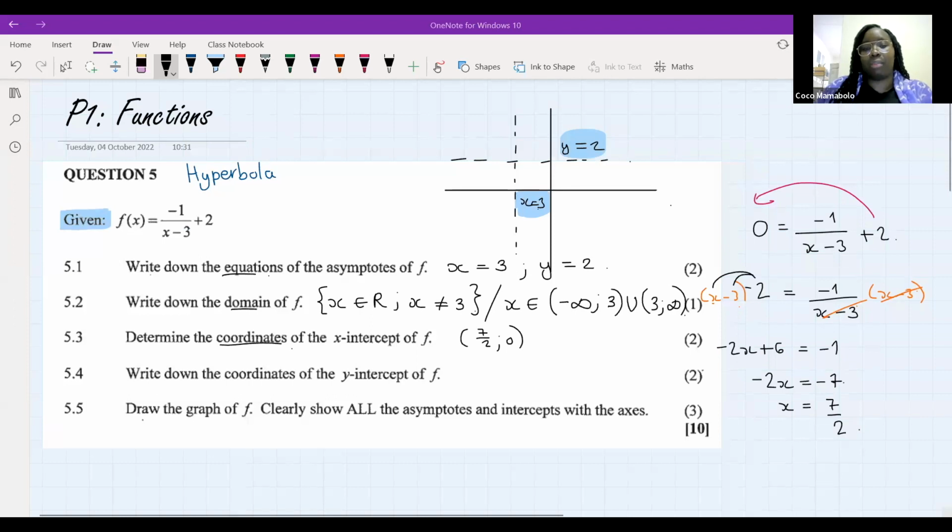Let's take the example of, for instance, a parabola. If we look at the difference between a parabola and a hyperbola, if I draw one over here, a parabola only has a turning point. Now, if I had to find the domain or the range, for instance, for this parabola over here, we're looking for the range.